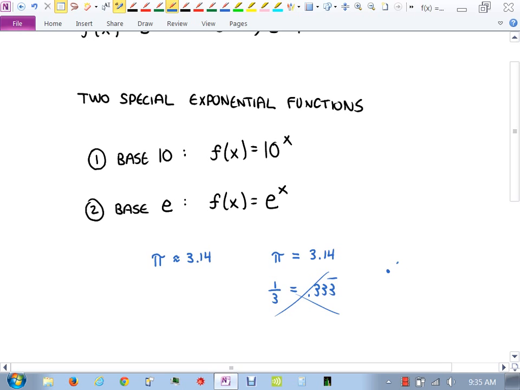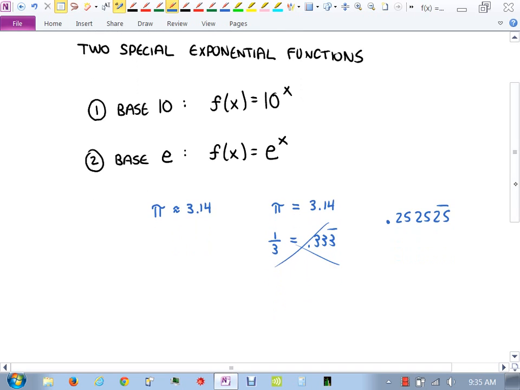If I had a decimal like 0.252525, that again repeats itself, keeps going, repeats 252525. You can't get any pattern out of pi. That's what kind of makes it special. And so any number that keeps going forever and never repeats itself is called an irrational number. That's what we call them. So that's pi. We're all kind of familiar with it.